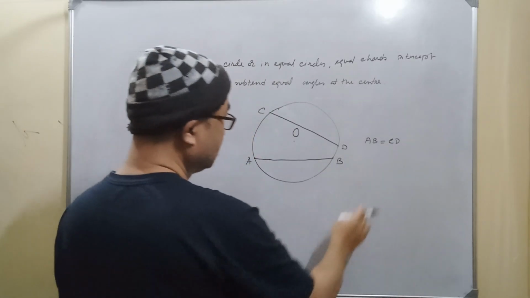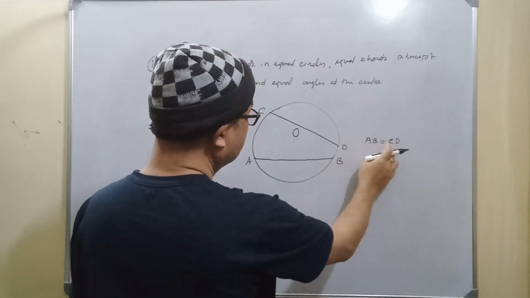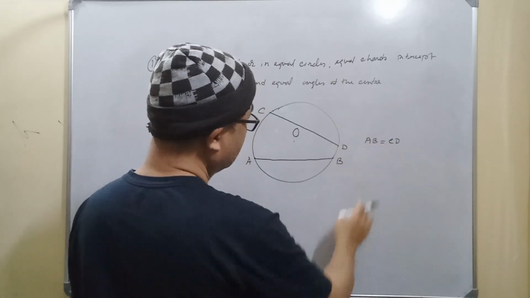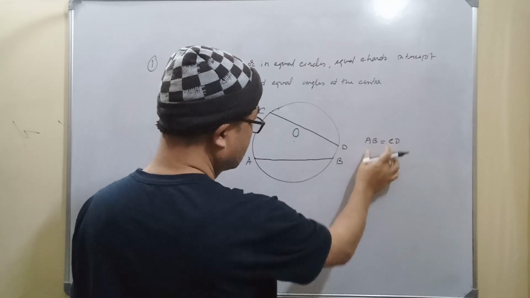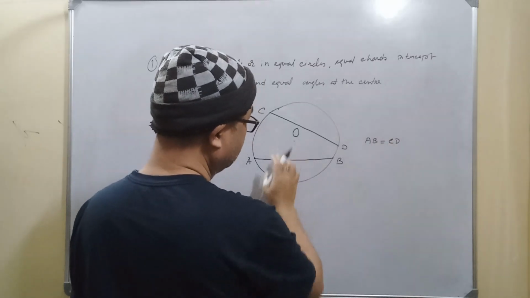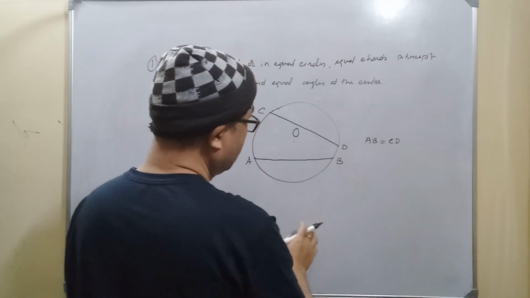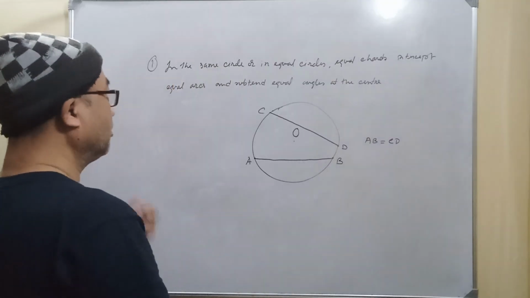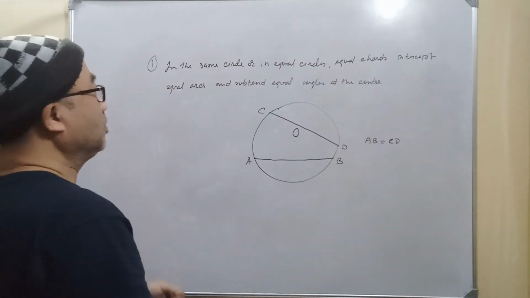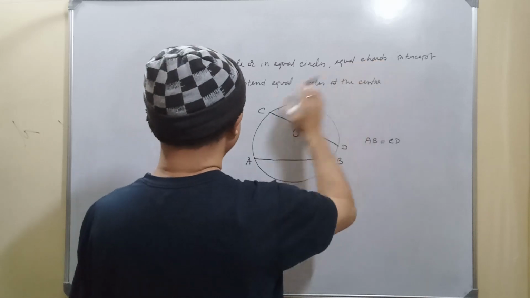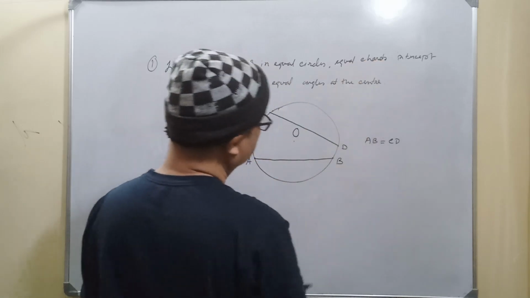If that is the case, if AB is equal to CD, these two are chords of the same circle. Then equal chords intercept equal arcs.